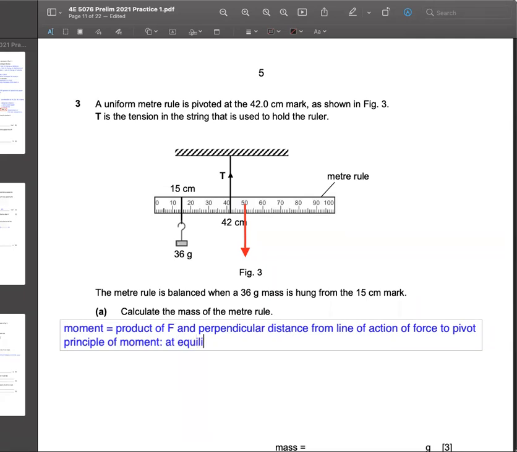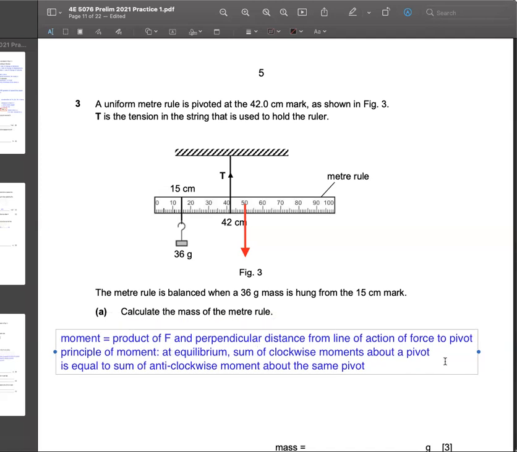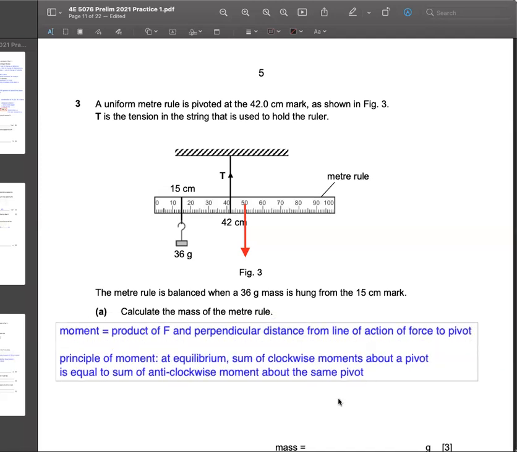At equilibrium, the sum of clockwise moments about a pivot is equal to the sum of anti-clockwise moments about the same pivot. Please be very careful. You have to use the correct terms.